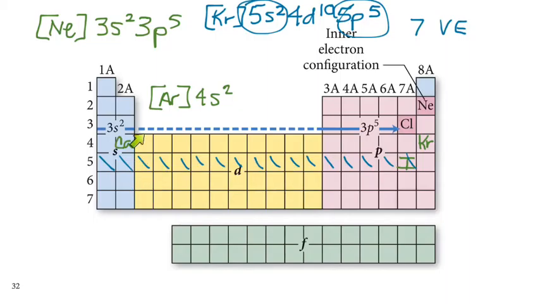That's why the transition elements in here, as they're filling the D levels, are not gaining valence electrons, they're gaining core electrons. Because these two at the beginning here, from the S, are higher in quantum number, so they have the valence electrons.